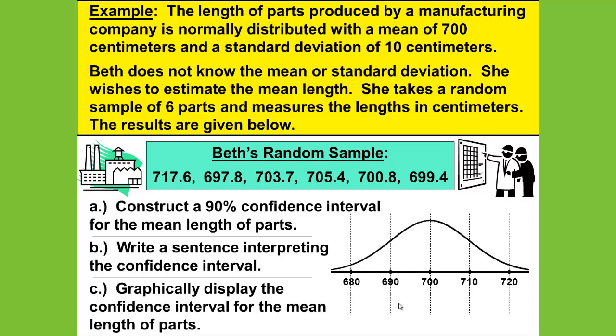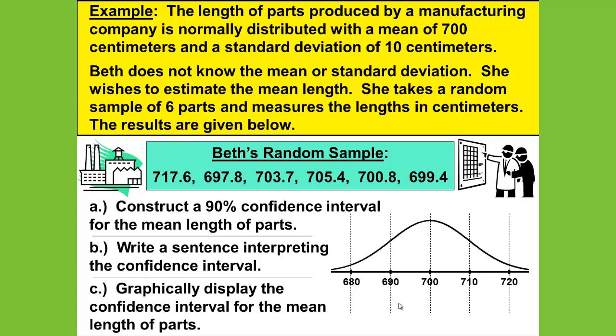So, we will assume that Beth, and that will be me, does not know the mean or standard deviation of the parts produced, and she wishes to estimate the mean length. She takes a random sample of 6 parts and measures the lengths in centimeters, and the results are given below.